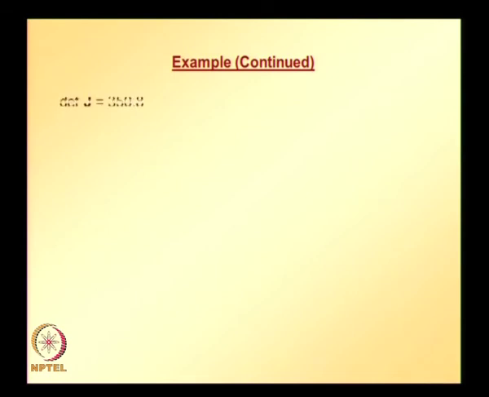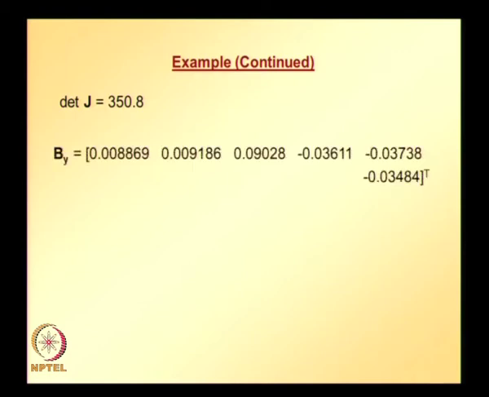Then the determinant of J. Once we have this, we can calculate the integrand, and at this integration point, the value of this matrix is given by this.